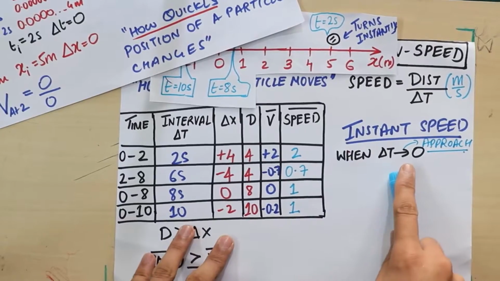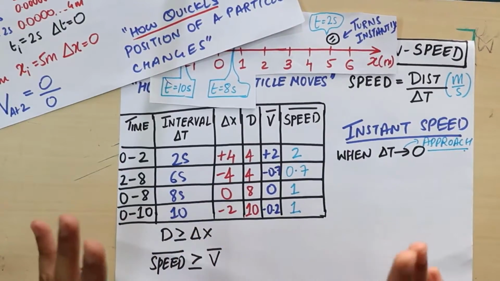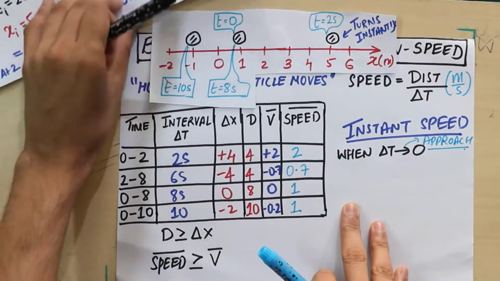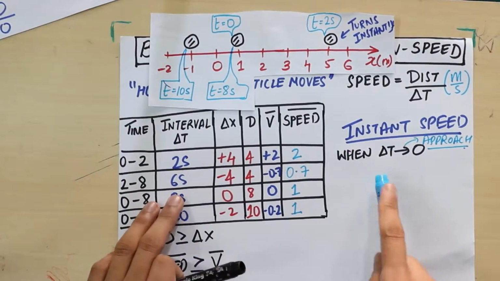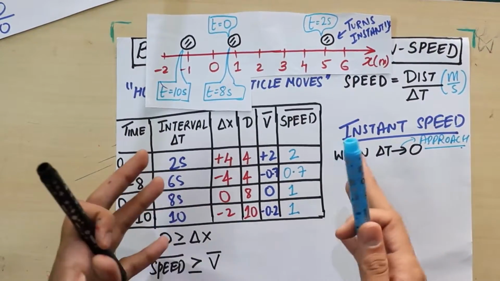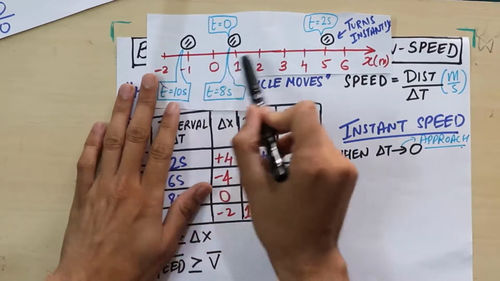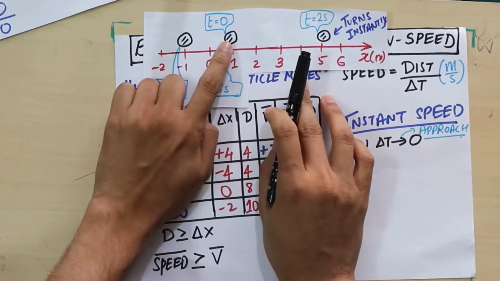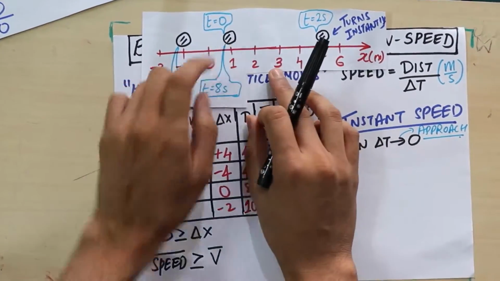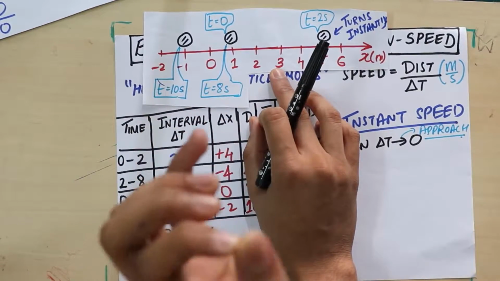We are in the realm of what we call calculus, but never mind that. I'm pretty sure you can understand what I'm talking about. So what do you think happens when delta t approaches 0? You take any instant you want. Suppose you are over here and you play the movie for an extremely short interval of time.